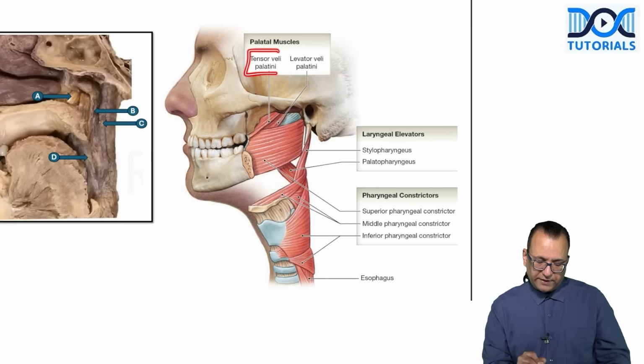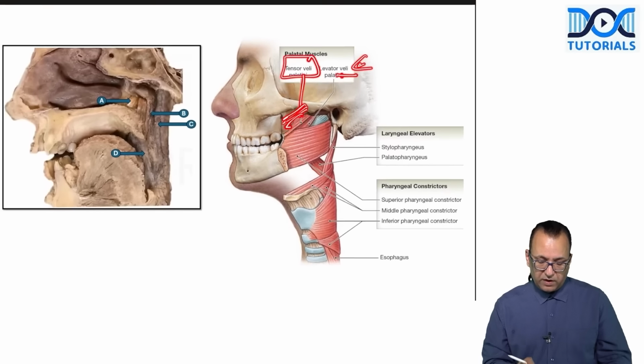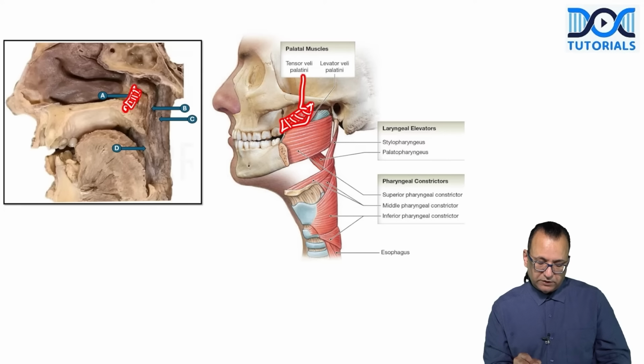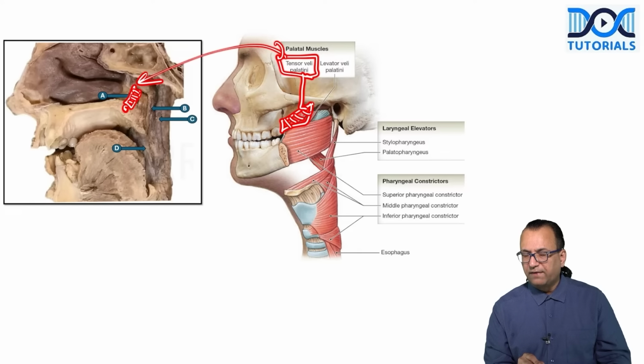The muscle which they have shown, tensor veli palati, is here. Behind that there is a levator also. So let me correlate the diagram. In this diagram you will notice this muscle which we are talking about, the tensor veli palati. So tensor veli palati is not going to give us a problem of dysphagia as such.